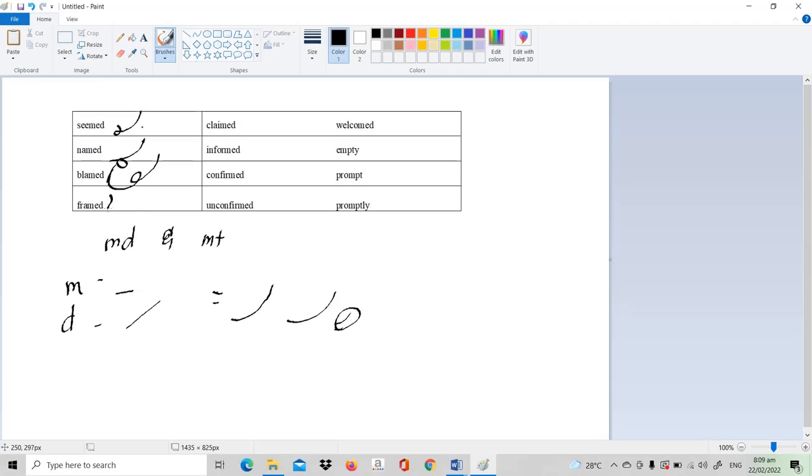Framed, we have FRAMD. Next, claimed, we have KLAMD. Claimed. Next, informed, we have, wait, let me check. Mahirap na magkamali. Yeah, tama. We have informed. So, as you can see in your module, mali po yung nandyan.